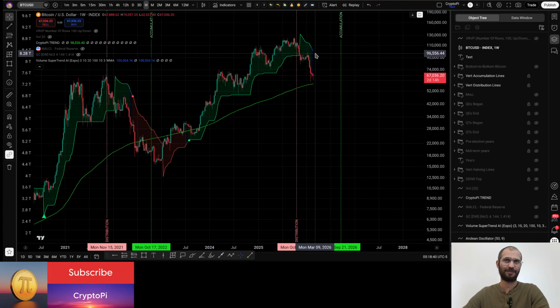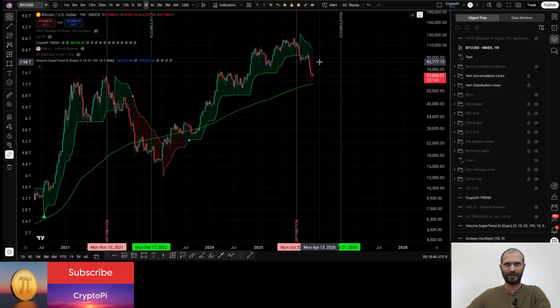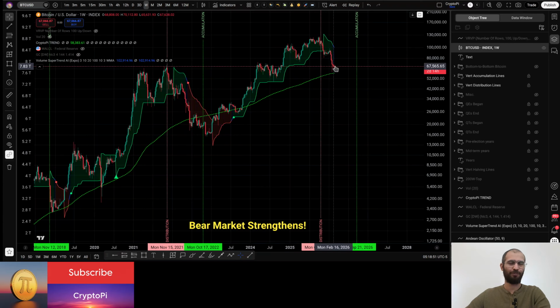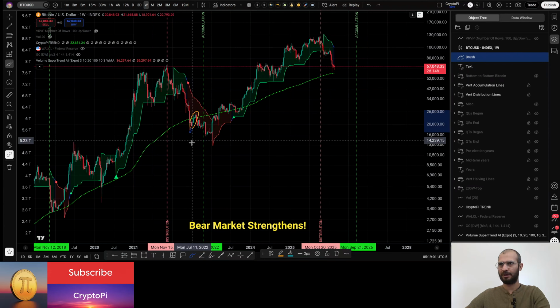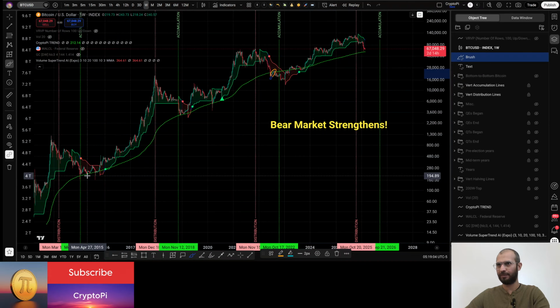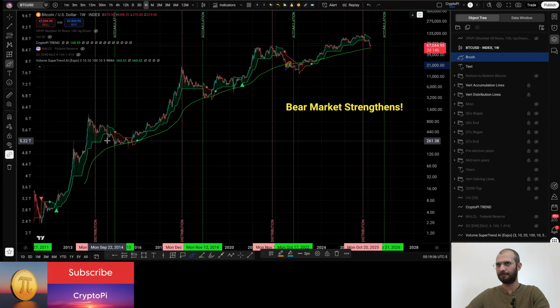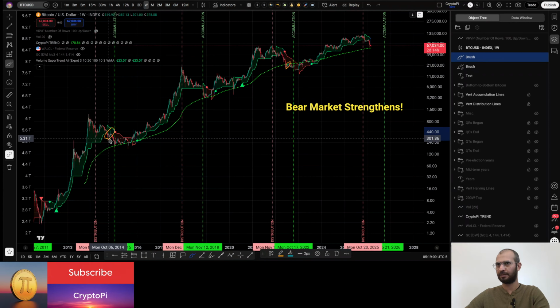Once it is blue, it has always turned to red, and when the volume supertrend is red, we are in a pretty strong bearish territory. We might see pullbacks like it has happened over here. We saw a pullback over here, and there are phases of bear market where you see some pullbacks over here.